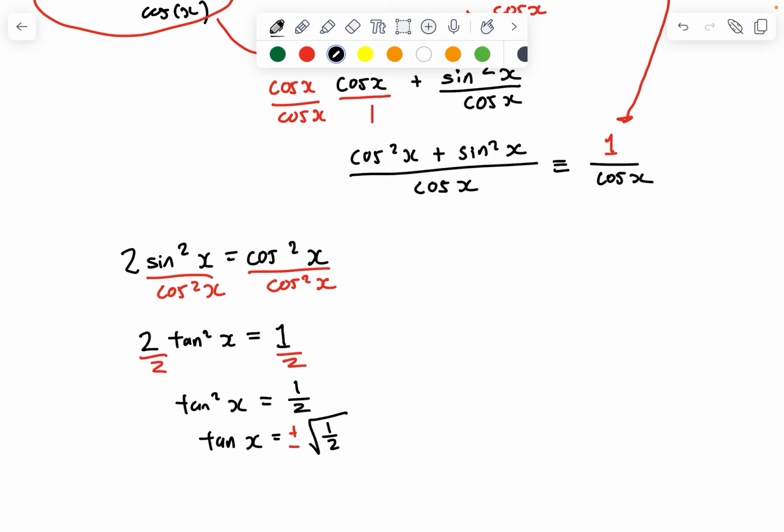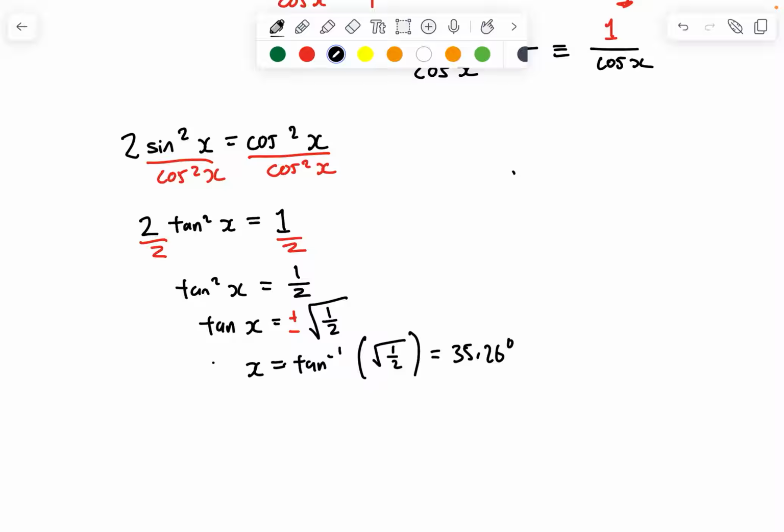And I get 35.26 degrees. So remember, what we're doing is I want to find x. So I'm taking arctan of the square root of a half, and that is equal to 35.26 degrees.